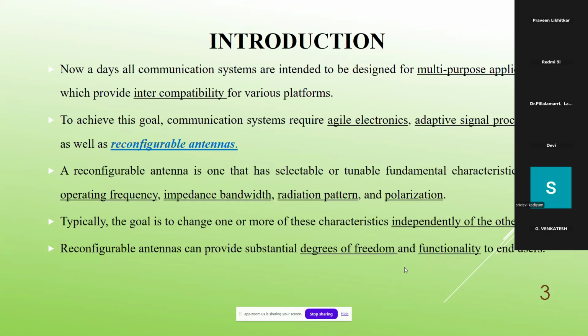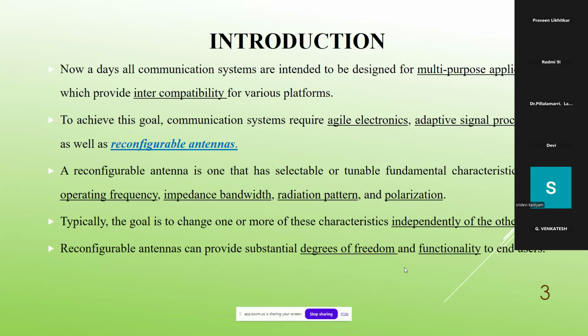Coming to the need for reconfigurable antennas: why do we go for them? While many planar antennas and DRAs are available with excellent performance, we always need multi-purpose applications which can provide intercompatibility for various platforms. That is the main purpose of going for reconfigurable antennas.